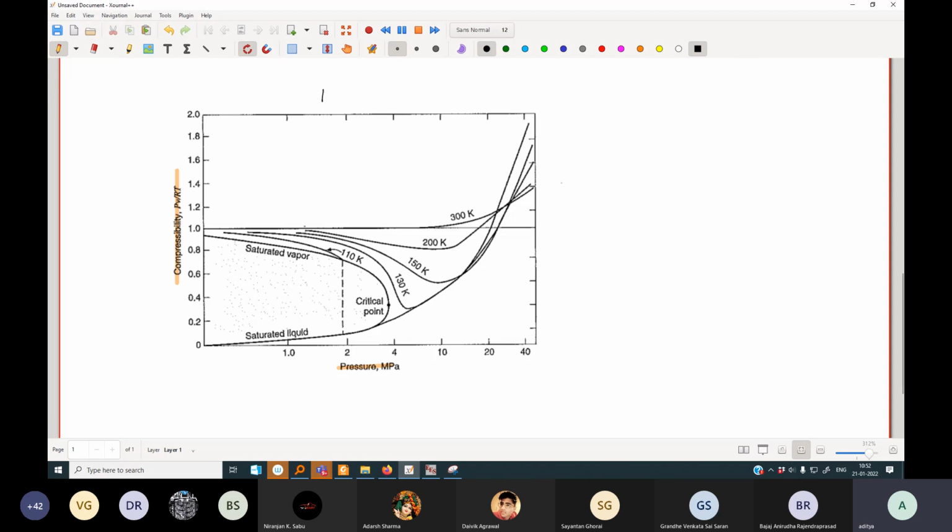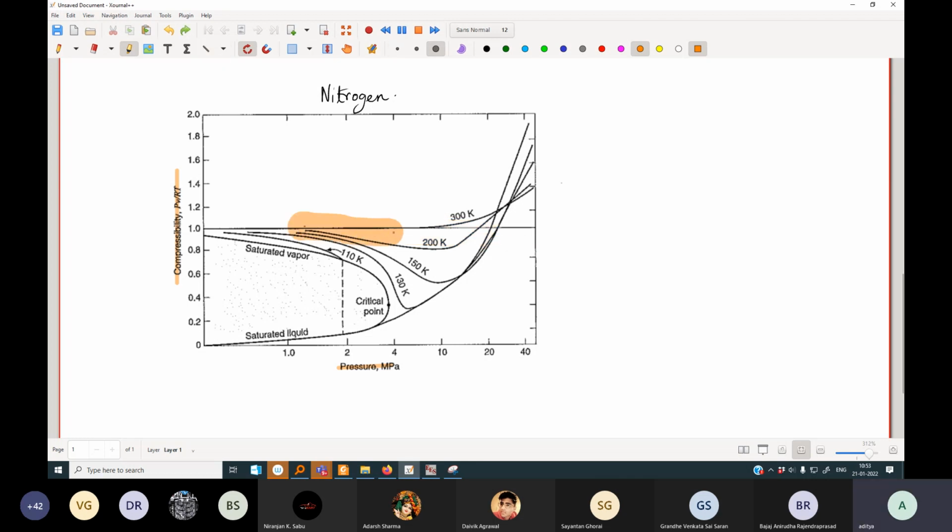So for the 200 Kelvin isotherm, for pressures between 1 bar to 4 bar, you want to remain as close to this region as possible, is what I'm trying to say.